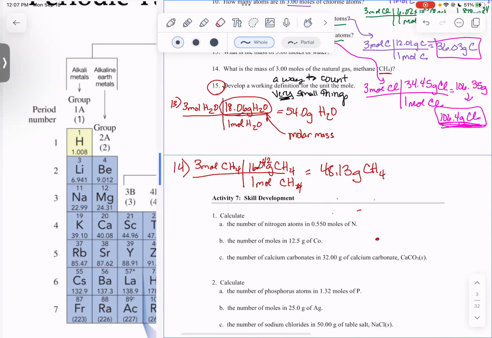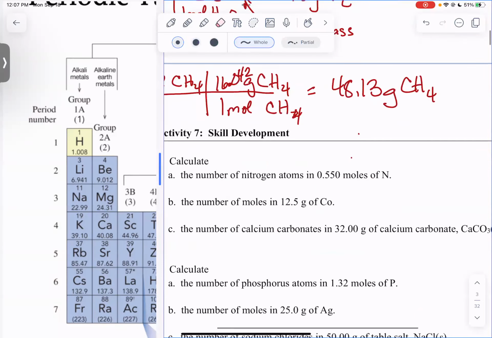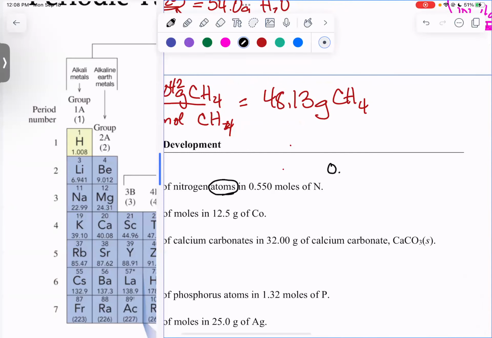So now I've gotten into the next problem. Calculate the number of nitrogen atoms in 0.550 moles of nitrogen. So my goal is to get the number of atoms. I'm starting out with 0.550 moles of nitrogen, and you should always put your element, that's nitrogen.